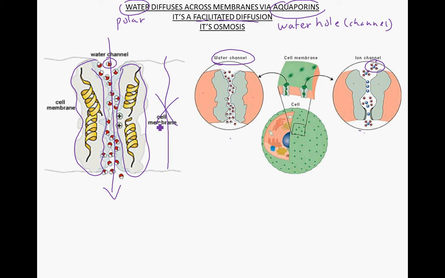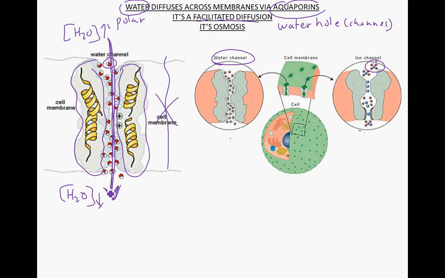If these water molecules are moving in this direction, the assumption is that the concentration of the water molecules over here is higher than the water molecules on this side of the membrane. So this is the lower concentration. Water molecules will be facilitated diffusing across membranes from high concentration to low concentration of the water molecules.